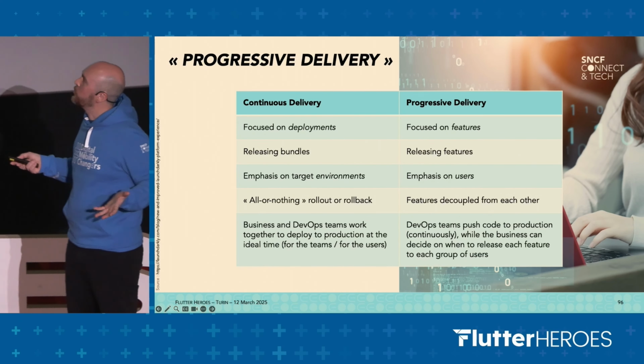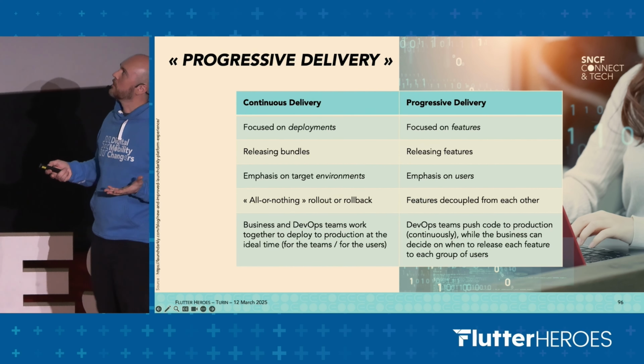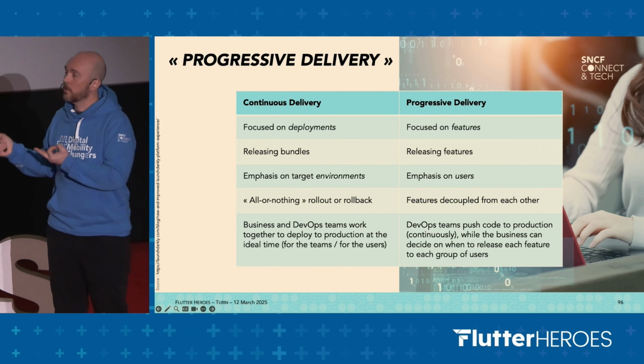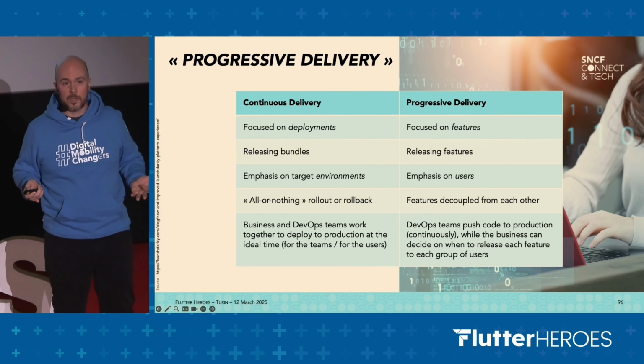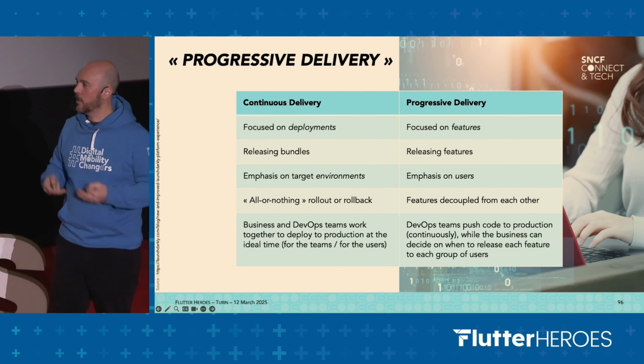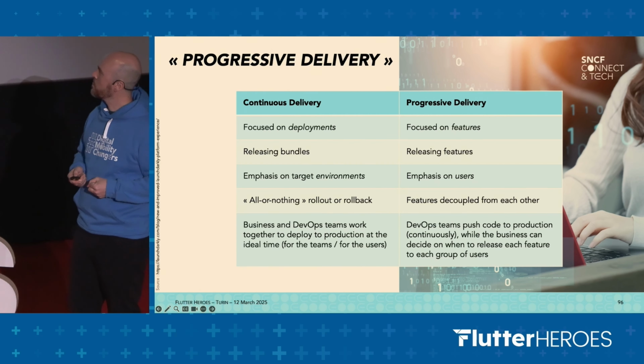That's really inspiring. It might be seen as a kind of evolution of continuous delivery. Some people talk about progressive delivery. The idea is to focus less on environments and deployments and more on features and users and decoupling everything.